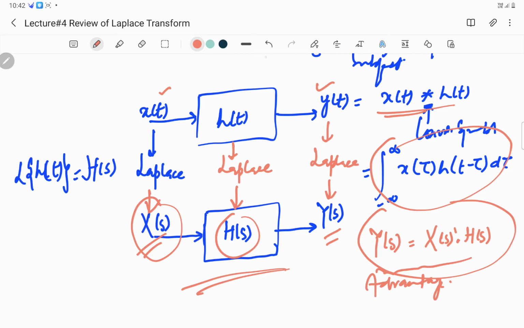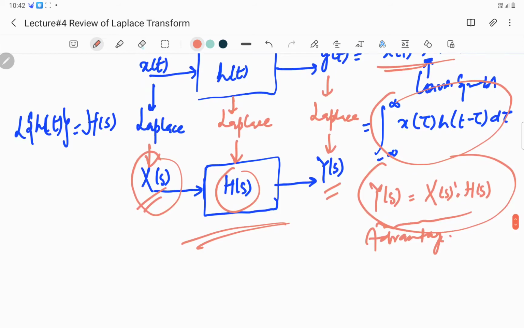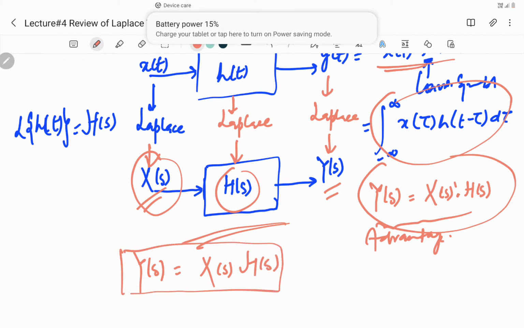So simple multiplication of X(s) and H(s) gives us the output Y(s). That's what makes it easy for the computations and calculations.